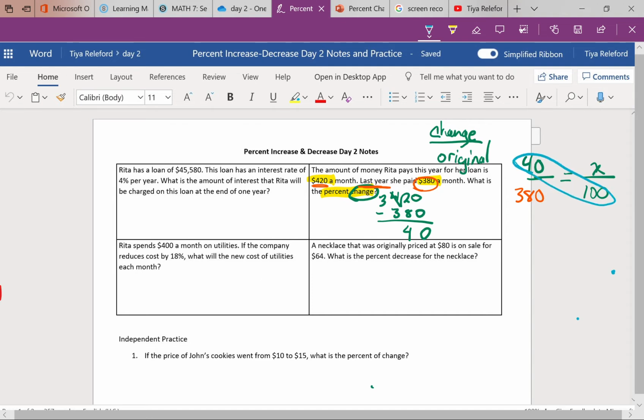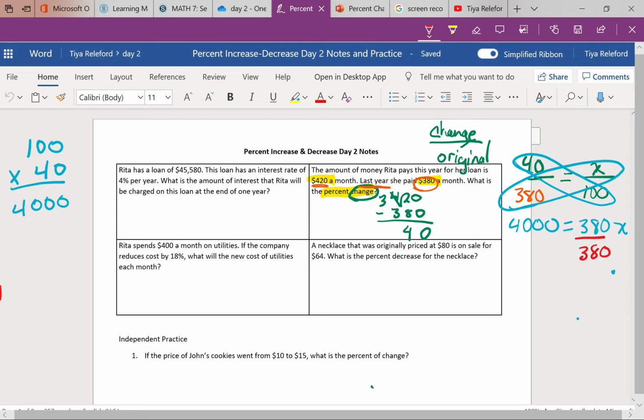I have 40 times 100, which is 4,000. Then I have 380x. After I put together my proportion, I turn it into an equation. Then I'm solving the equation by dividing by 380. Now this, I can get rid of those last zeros.